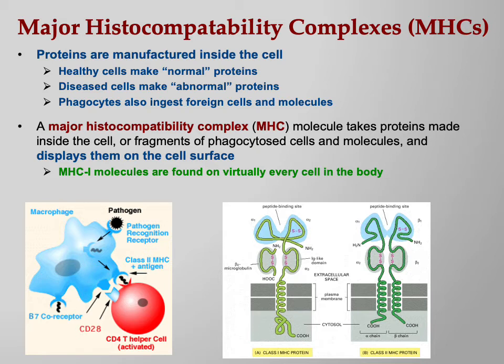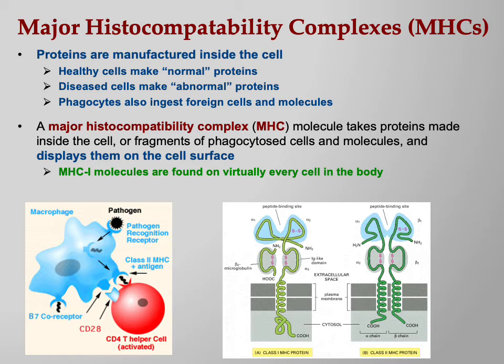Well, as we'll see later, what's going to happen is, for example, a T cell is going to come by, and it's going to inspect the MHC1 molecule on the cells of your body. And if it sees a normal cell protein on that MHC1, then it'll just say, hey, nice to see you, how you doing, how's the kids? But if it sees an abnormal protein on the MHC1 complex, that means the cell has been infected.